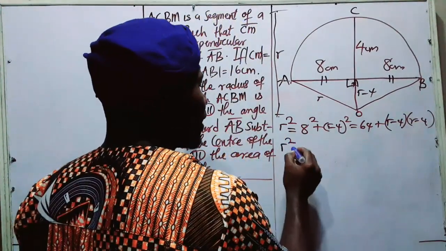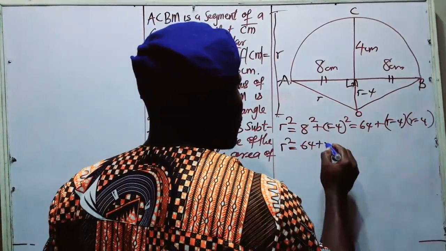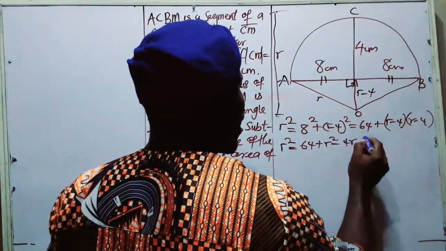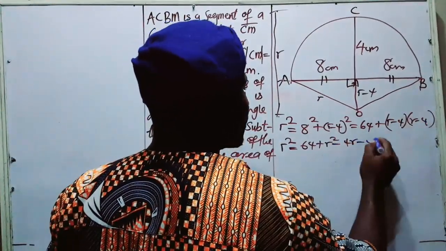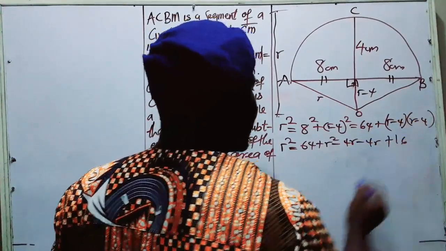We have R squared is equal to 64 plus R times R, we have R squared. R times minus 4, we have minus 4R. Minus 4 times minus 4, we have 16.